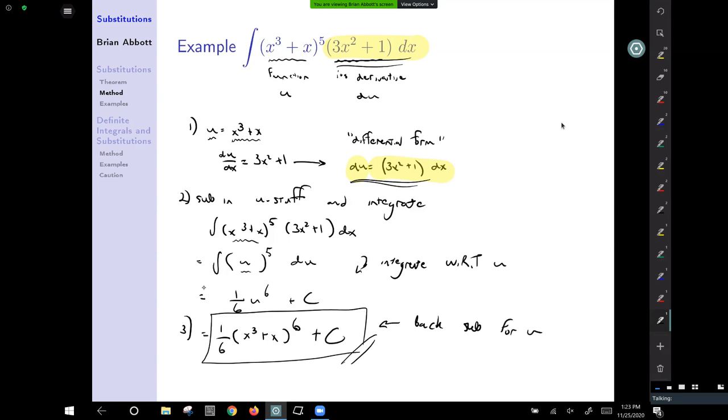So to close out this introduction and a couple of examples, I just want to make one last little comment here. And that is kind of a hint and a general strategy.